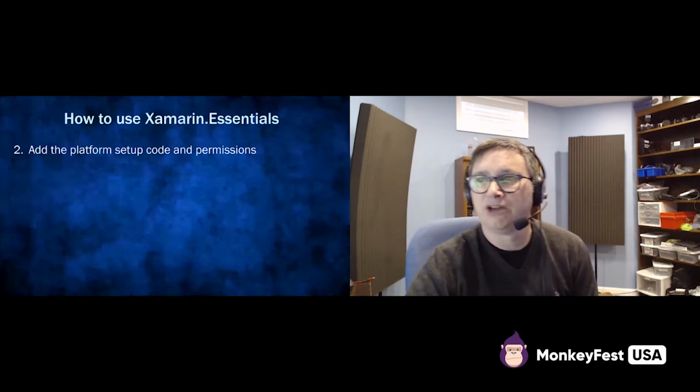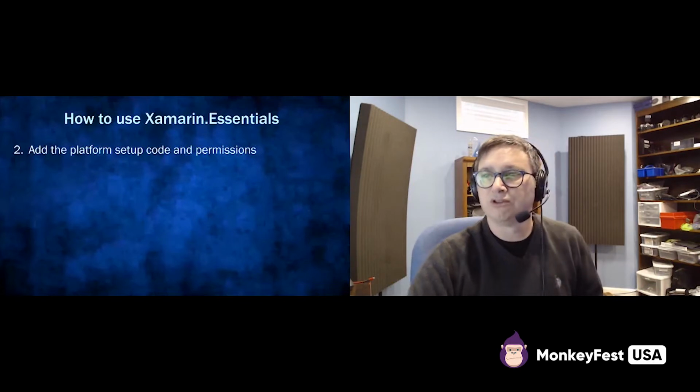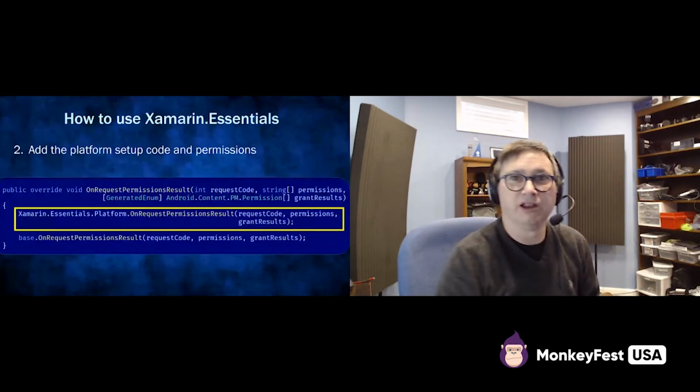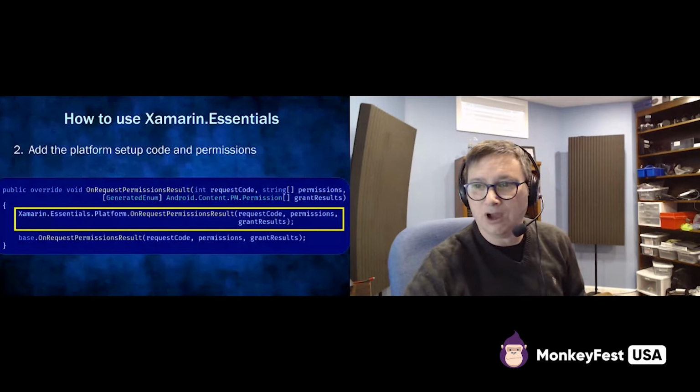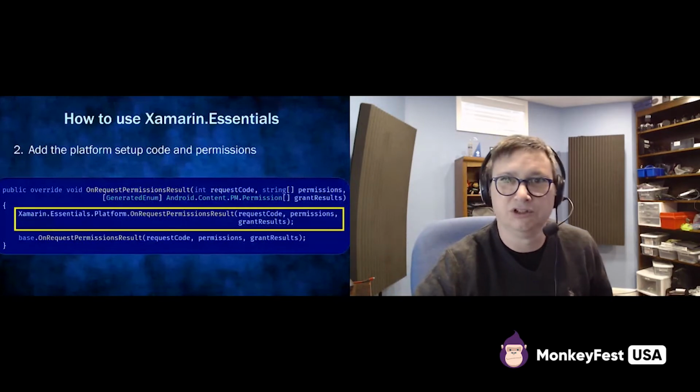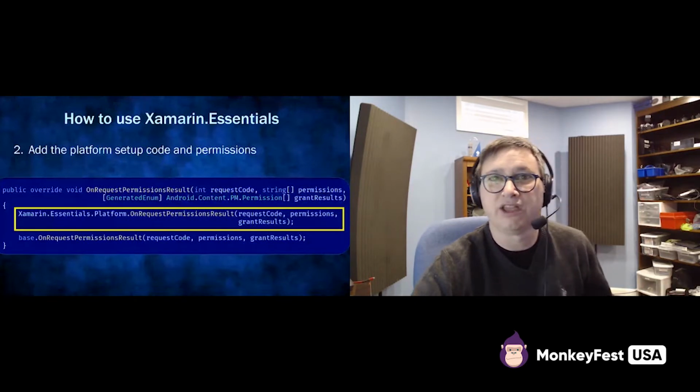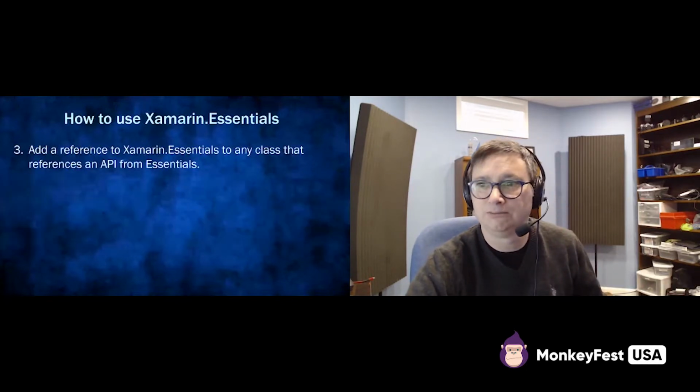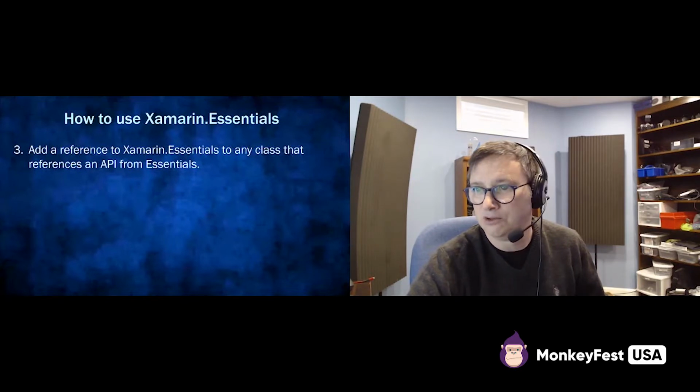And then you add the permissions, which is also handled for you automatically when you add Essentials to it. So this is just boilerplate code. You usually never have to see it once it's done. And then you just add a reference to Xamarin.Essentials to any class that actually makes an API call using Xamarin Essentials.